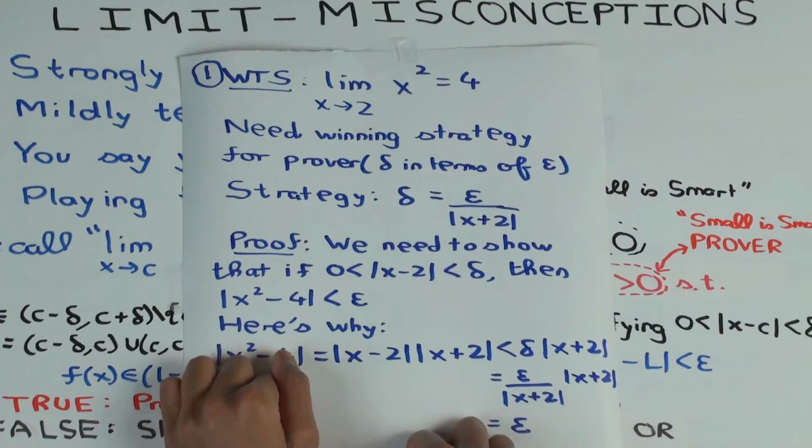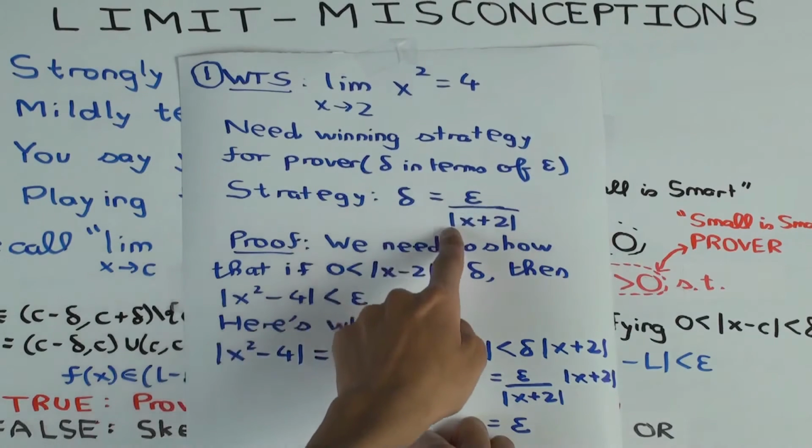So when the prover is choosing the delta, what information does the prover have? Just the information on epsilon. The mistake was that the prover didn't know the x value yet. The strategy cannot depend on x.